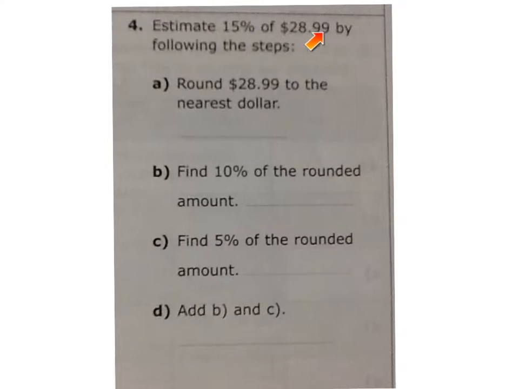Now we're ready to estimate 15% of $28.99 by following the following steps. The first step is to round your amount. Now think about this. Is $28.99 closer to $20 or $30? $30.